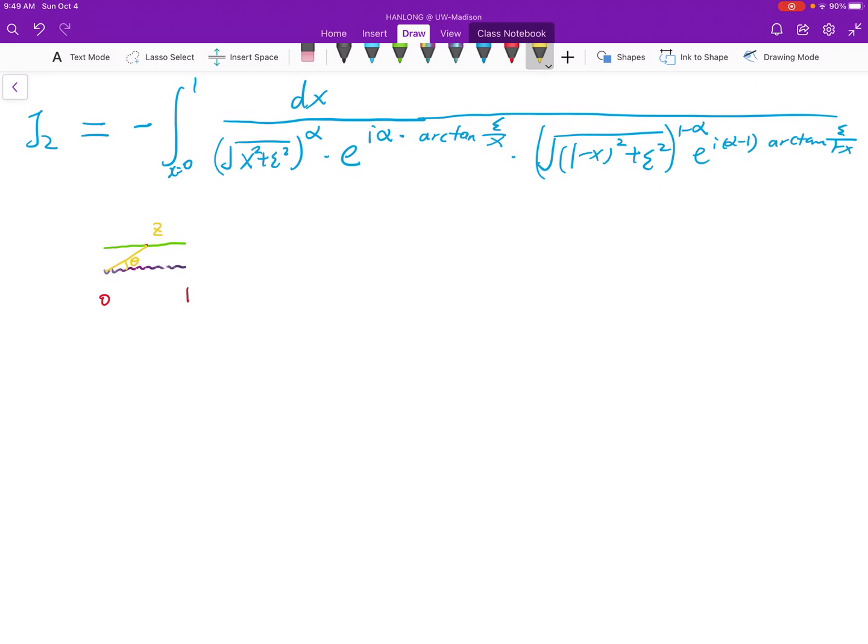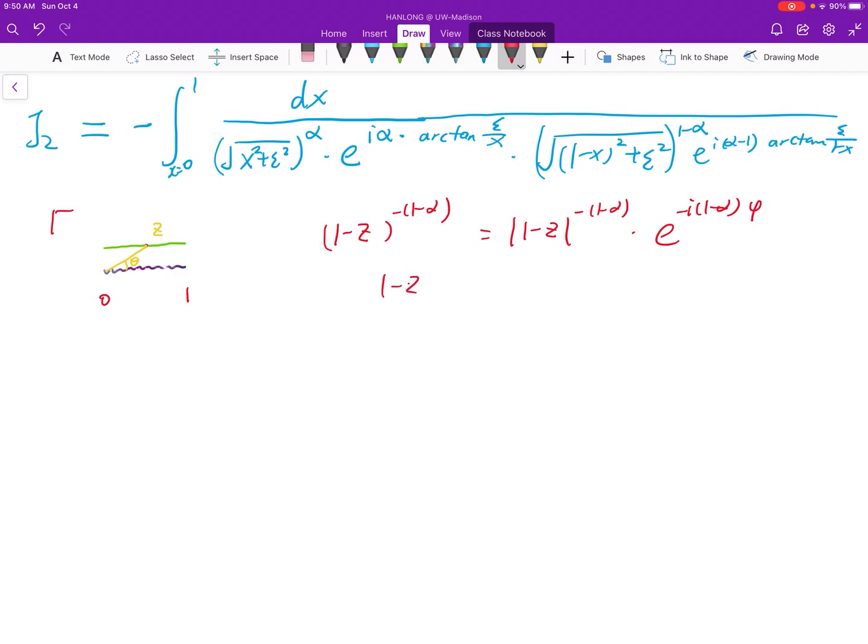And the angle for phi, so recall that 1 minus z to the negative 1 minus alpha is rho to the minus 1 minus alpha times exponential negative 1 minus alpha i times phi.